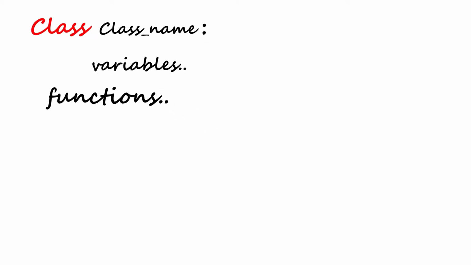So, to create a class, we declare the class with the keyword class, followed by the class name, and we end it with the colon. Then, we write the needed variables and functions. One more thing, which is the variables within the class, we call it properties, and the functions, we call it method. Don't forget that, and now let's try with an example.